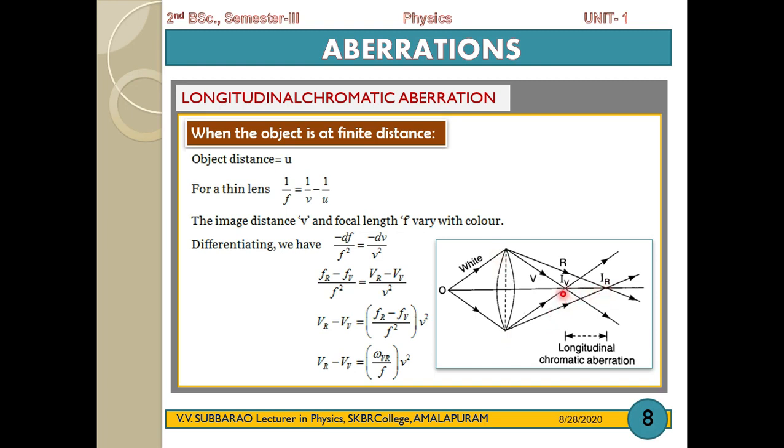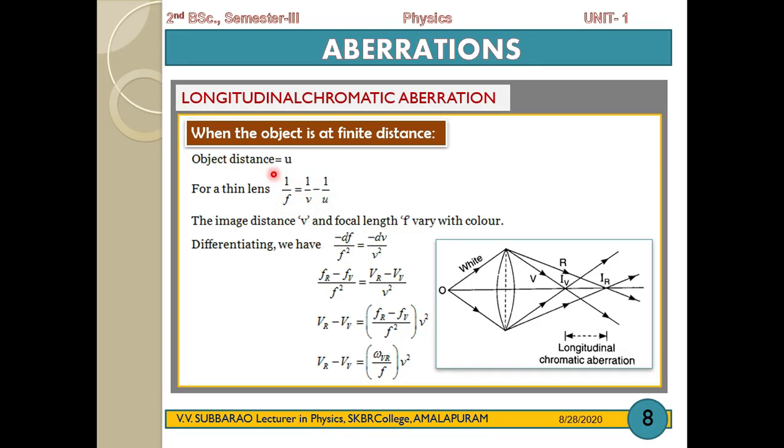Iv is the position of the violet image and Ir is the position of the red image. Now the axial distance between Iv and Ir gives us the longitudinal chromatic aberration. The distance between Iv and Ir can be found by using the lens formula 1 by F is equal to 1 by V minus 1 by U.